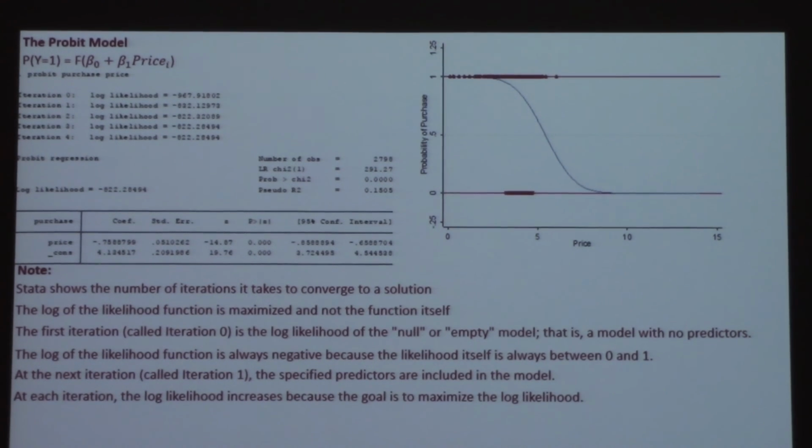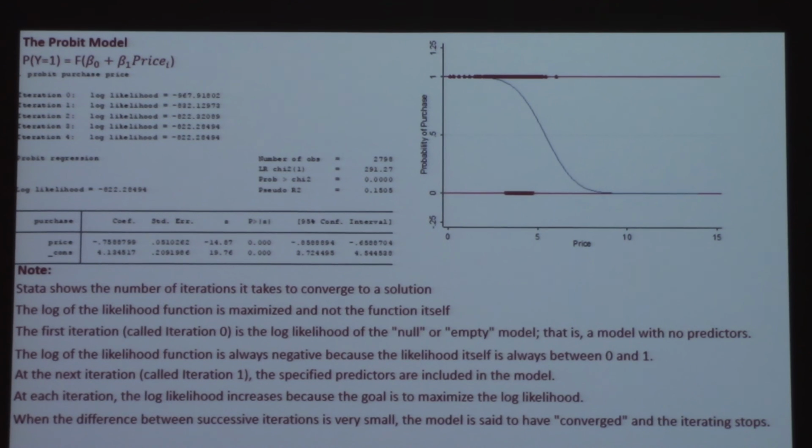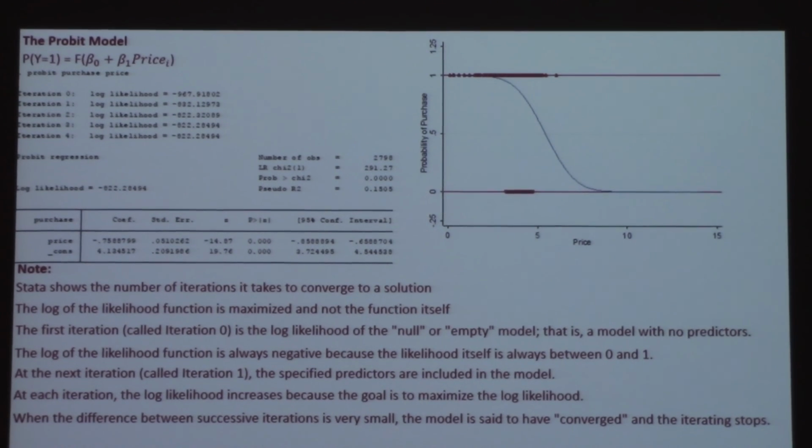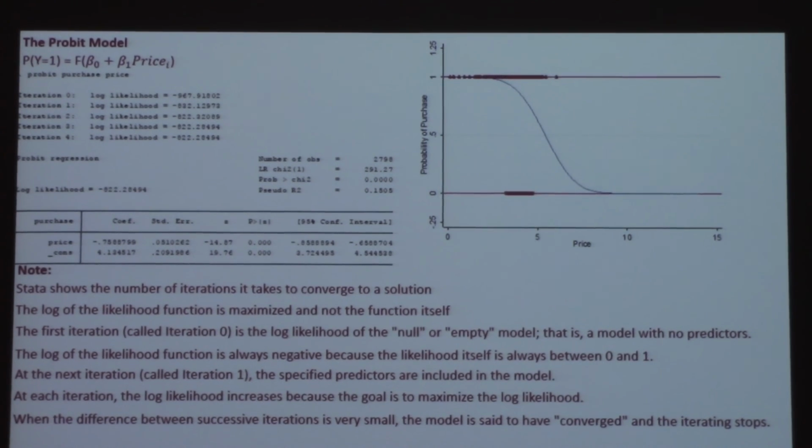And each iteration, we're supposed to get closer and closer to the maximum likelihood. When the iterations get close enough to each other, then that's when they converge, and that's when the iteration stops. So if you look at the last two iterations, negative 822.28494, negative 822.28494, it looks like the log likelihoods aren't getting any better, and that's when it stops.